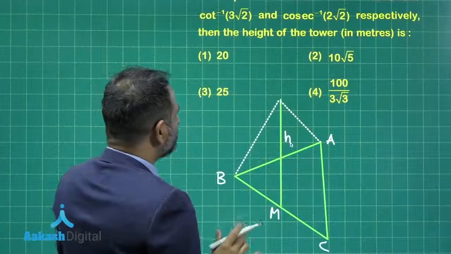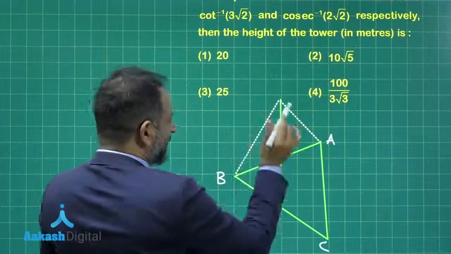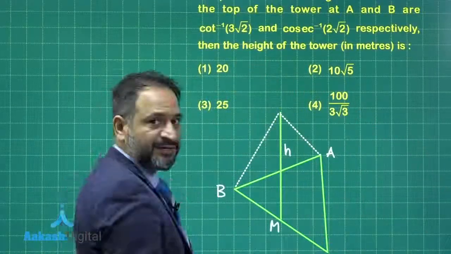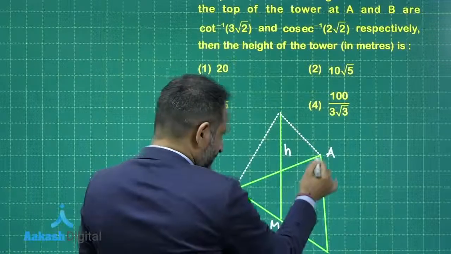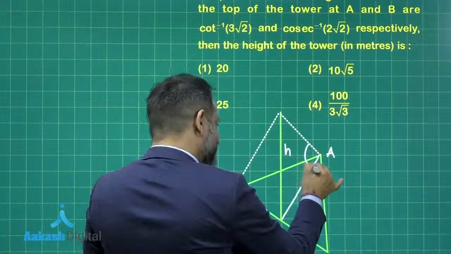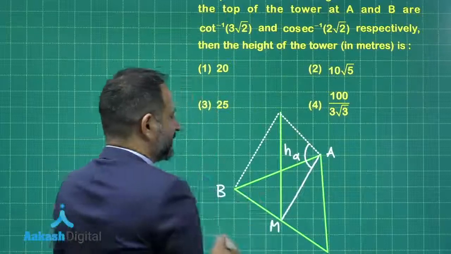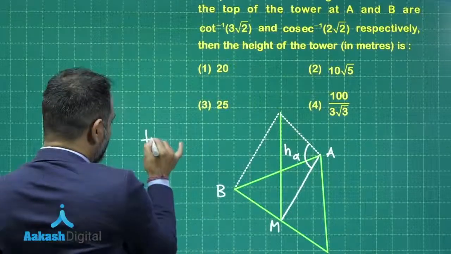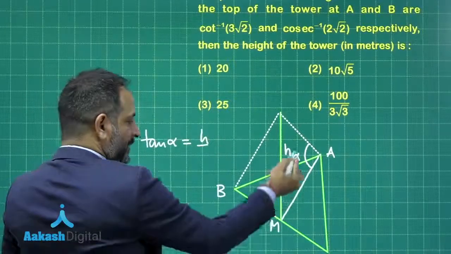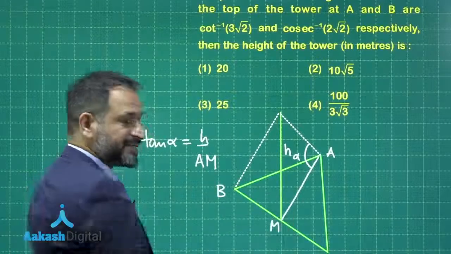Now, we are provided with two angles, alpha and beta. The angle at A is cot inverse 3 root 2. So, let us say this is alpha. From here you can see that tan of alpha is equal to h upon AM. You can notice that this is a 90 degree angle.